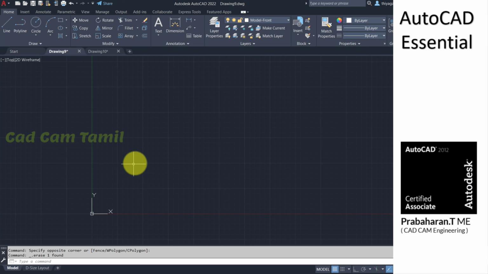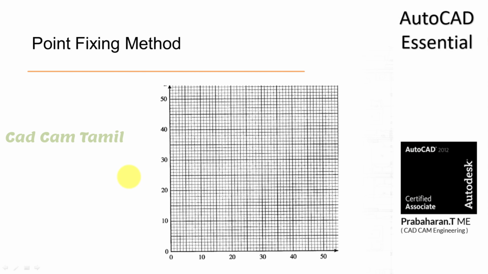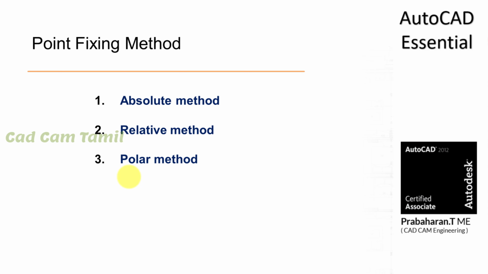Then without knowing this, how can we fix these points exactly on the screen? We have some methods. Those methods are called the absolute method, relative method, and polar method. Only 3 methods are there. How to fix a point exactly on the imaginary graph sheet without any x and y value reference?